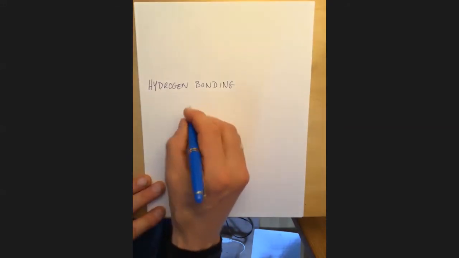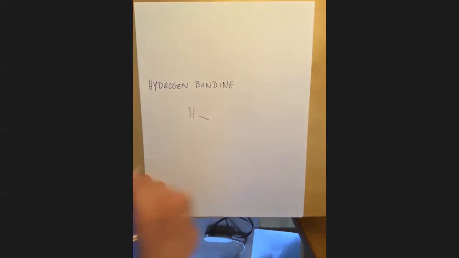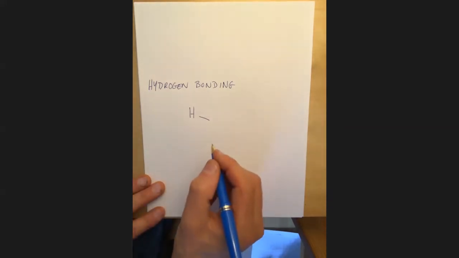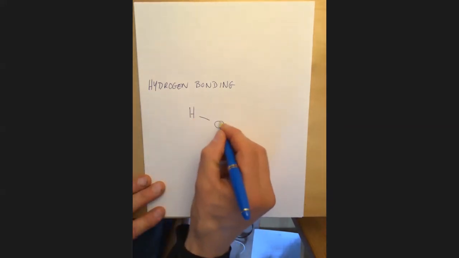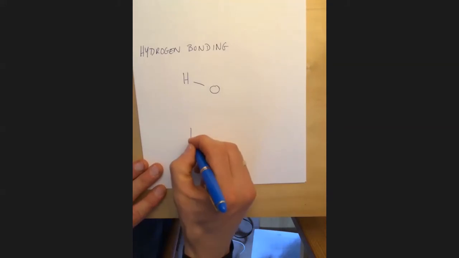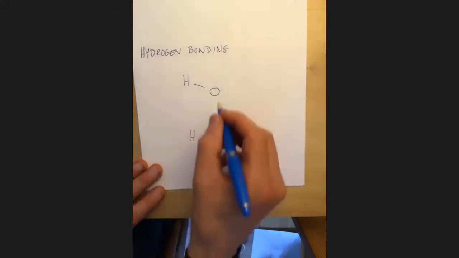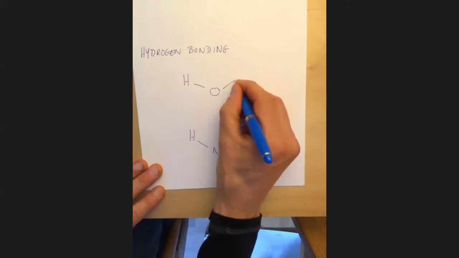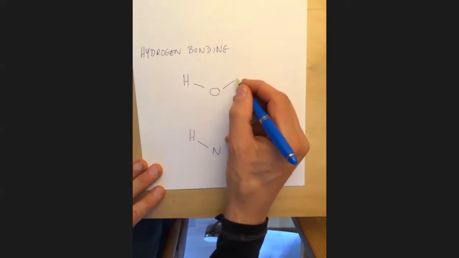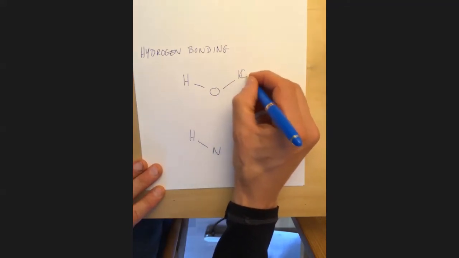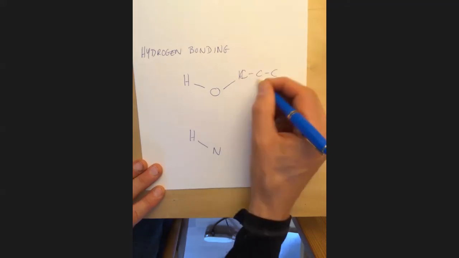It occurs when you have a hydrogen attached to some element that is more electronegative than the hydrogen. So here's a hydrogen bonded to an oxygen, or here's a hydrogen bonded to a nitrogen. And this oxygen can be attached to lots of other things. It could be to a hydrogen, or to some carbons and a bunch of other things further down this chain.